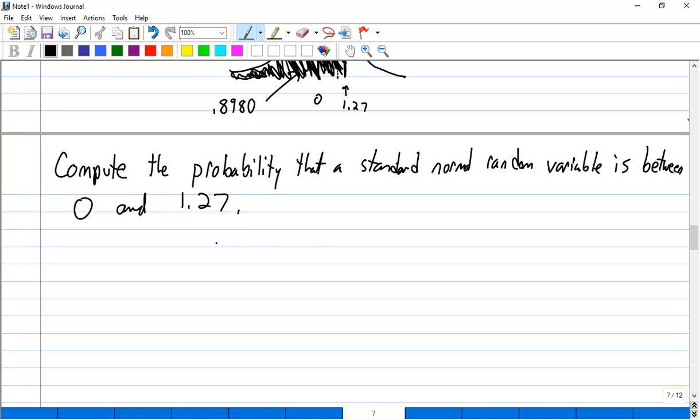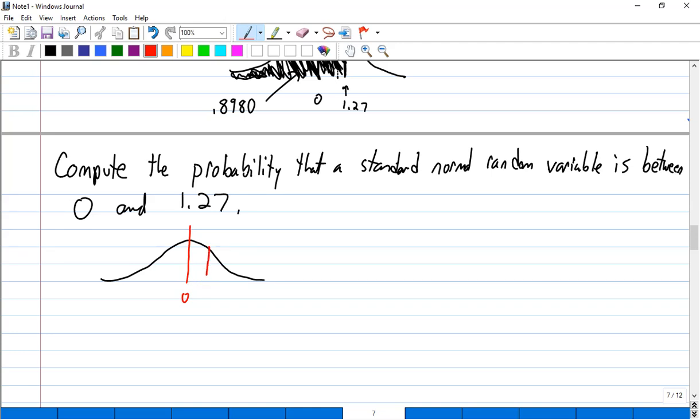All right. So first let's draw a picture. We're going to draw a bell-shaped curve. And you don't have to be perfect, because you can tell my bell-shaped curves are not perfect. All right, we know that right here in the middle we have 0. And I guesstimated earlier that 1.27 is one standard deviation plus a little bit more.